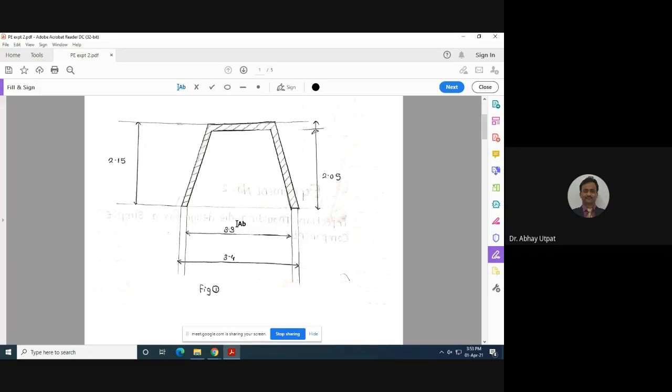Pi by 4 d square h, that becomes pi by 4 in bracket 3.4 square into 2.15 minus pi by 4 d2 square h, that is pi by 4 3.3 square into 2.05, bracket complete, into 0.545. Can anybody tell what will be the weight? Because density is in gram per cubic centimeter. Anybody can put it in the chat box.